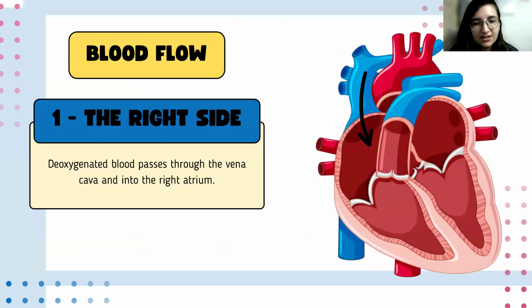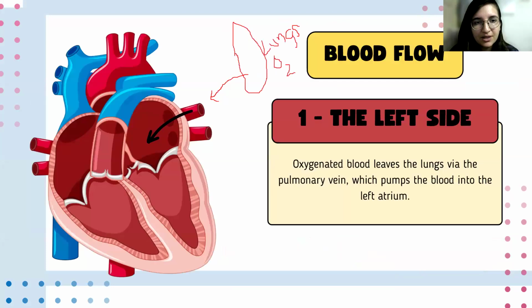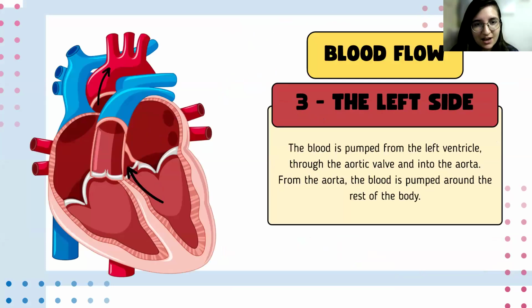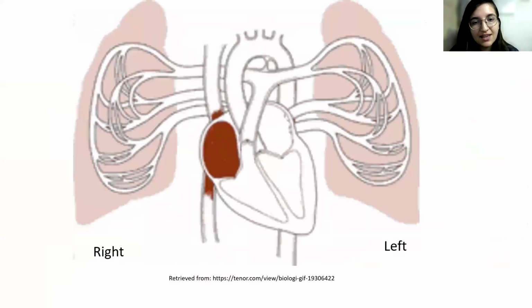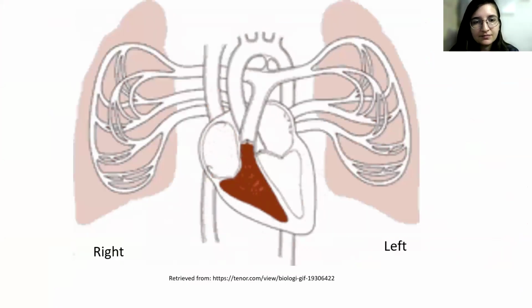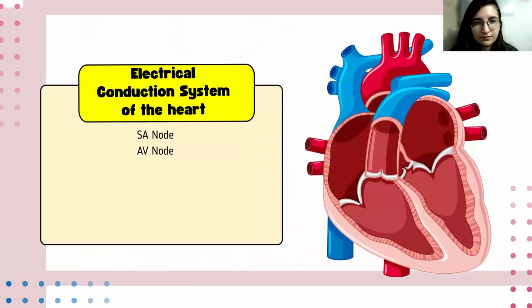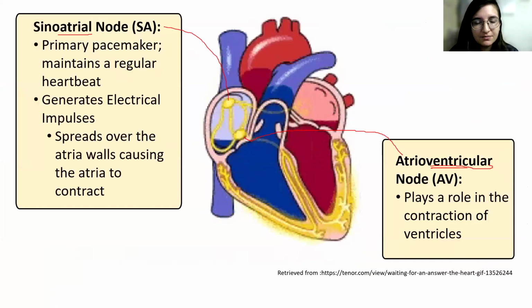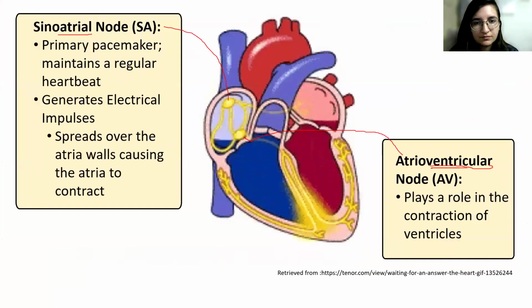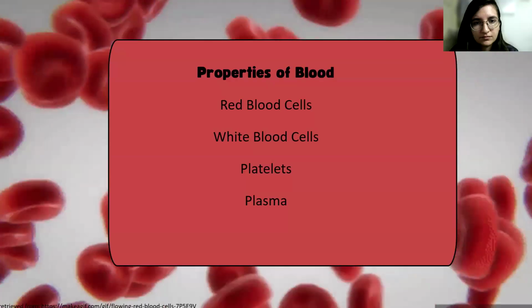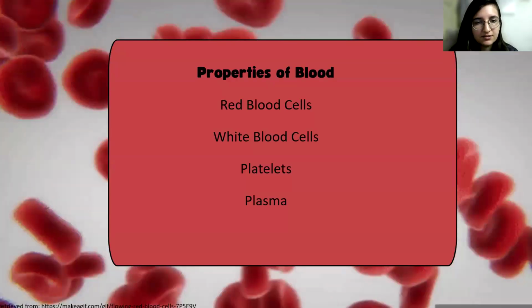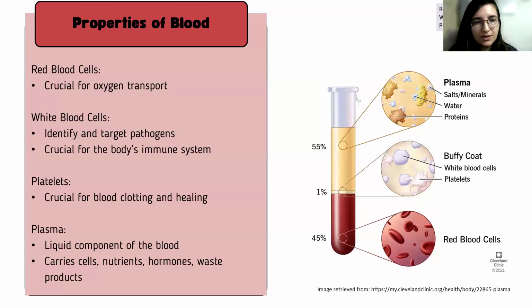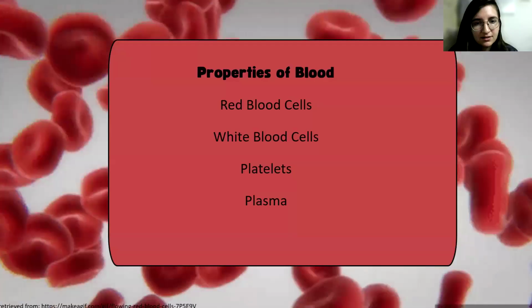To summarize, we studied the right side of the heart and how the blood flows through it, the left side and how the blood flows through it, arteries and veins, and capillaries. And we studied the electrical conduction system, and properties of the blood: red blood cells, white blood cells, platelets, plasma.